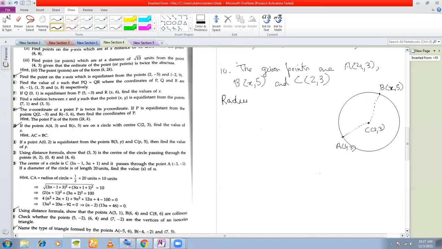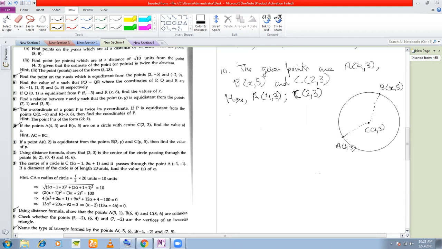Let's first write here the coordinates of A and C, because we want to find out the distance AC. So here A is (4, 3) and C is (2, 3), right?